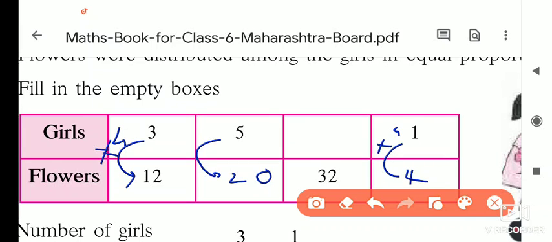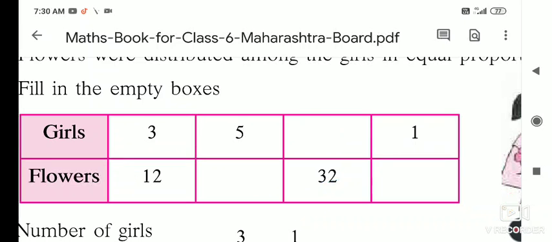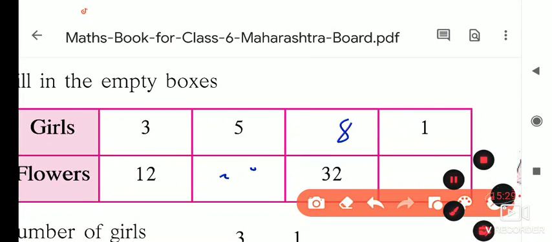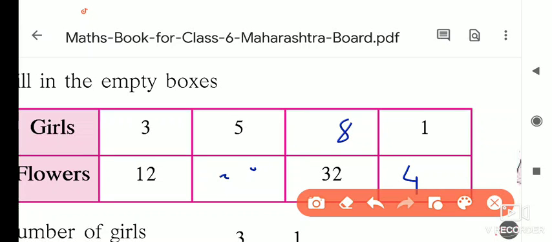Now what about 32? 32 is present in which table at 4th place, that we have to find out. 32 is in the 8th table at 4th place. 8 fours are 32. So in this way we complete this box: 3 fours are 12, 5 fours are 20, 8 fours are 32, and 1 four is 4. So we find it generally.